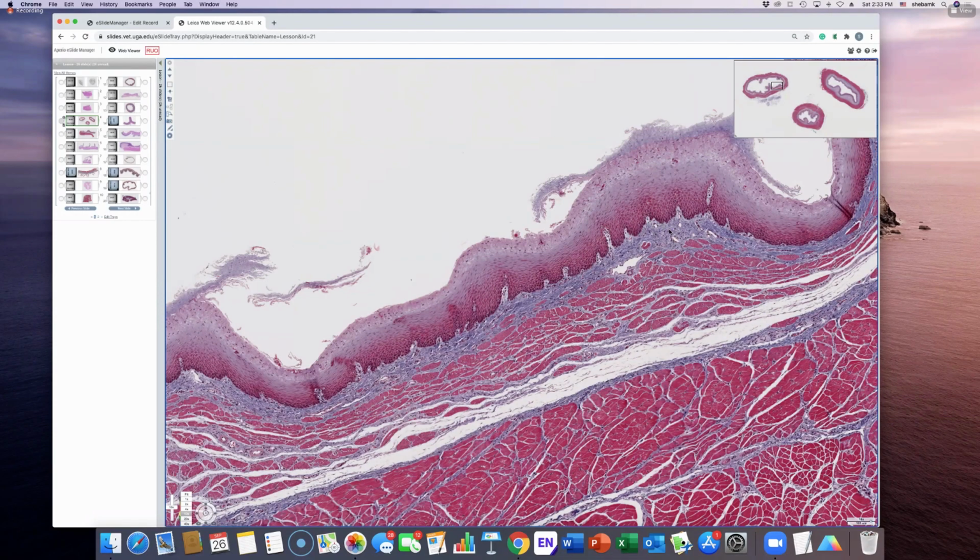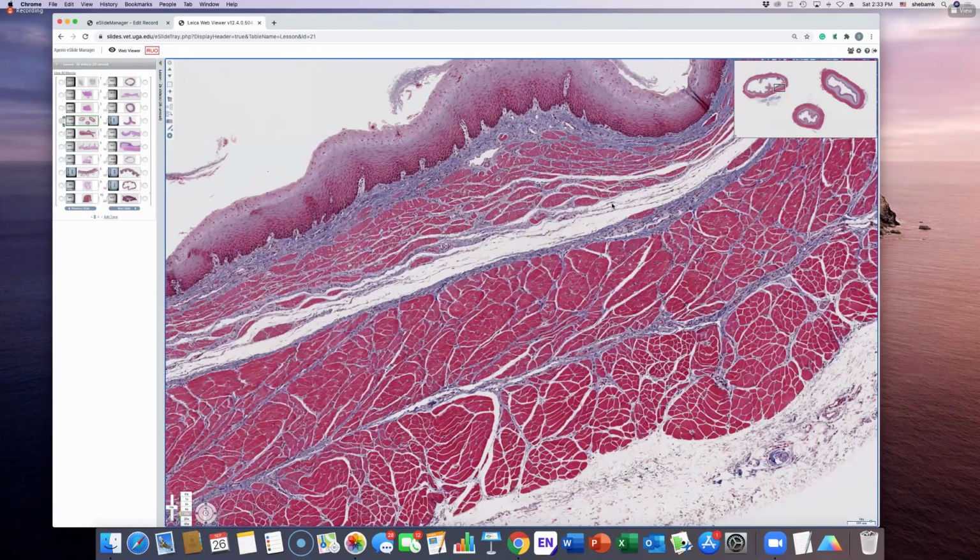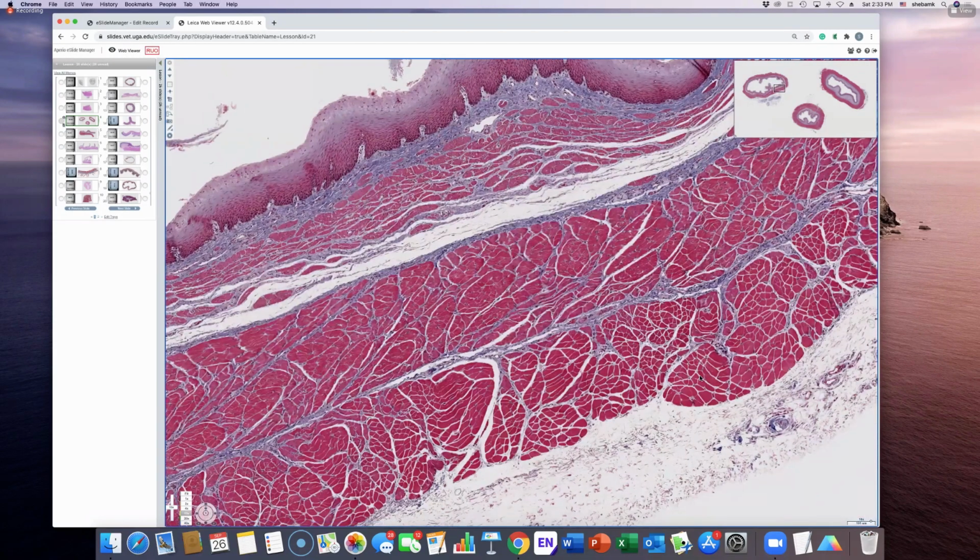This would be the lamina propria, and this would be the lamina muscularis mucosa. So the whole thing would be the tunica mucosa. This would be the tunica submucosa, and this would be the tunica muscularis.